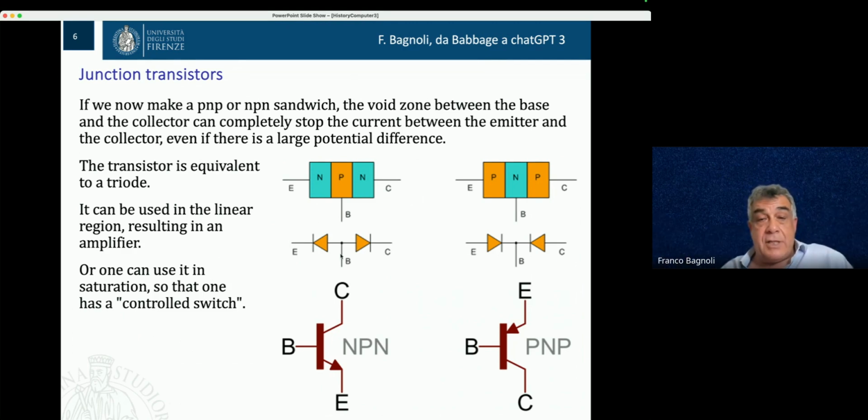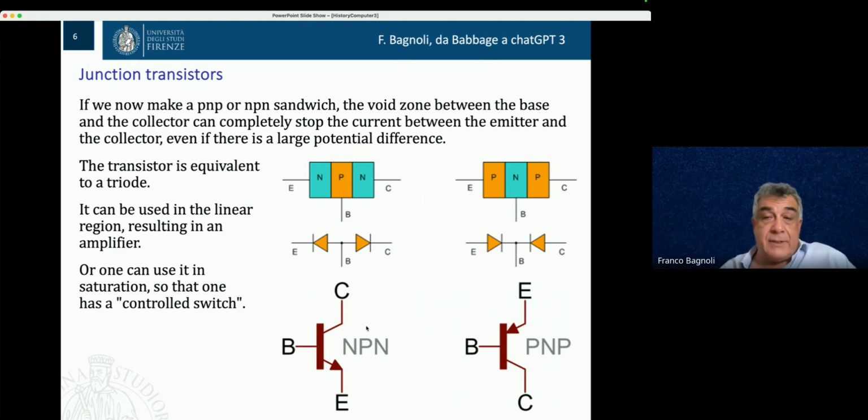But if you inject charges from here, these charges reduce the void part of these diodes and allow a large current to pass from the emitter to the collector or vice versa. So we are not entering these details.